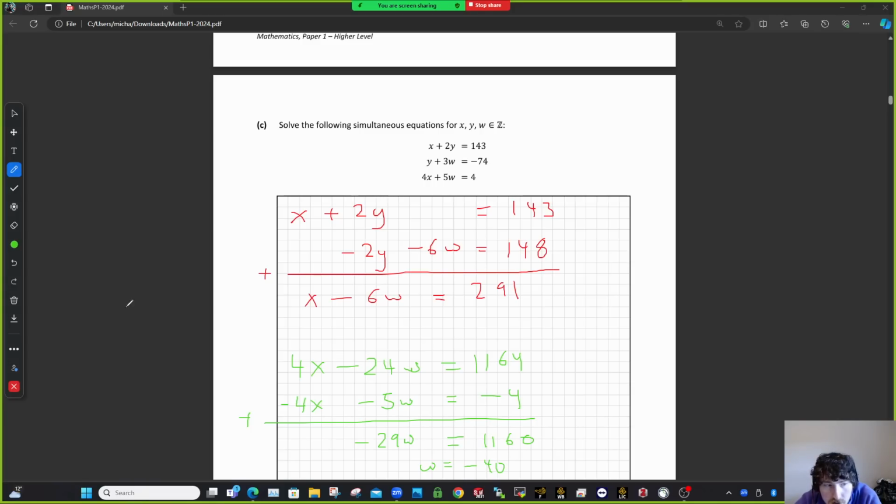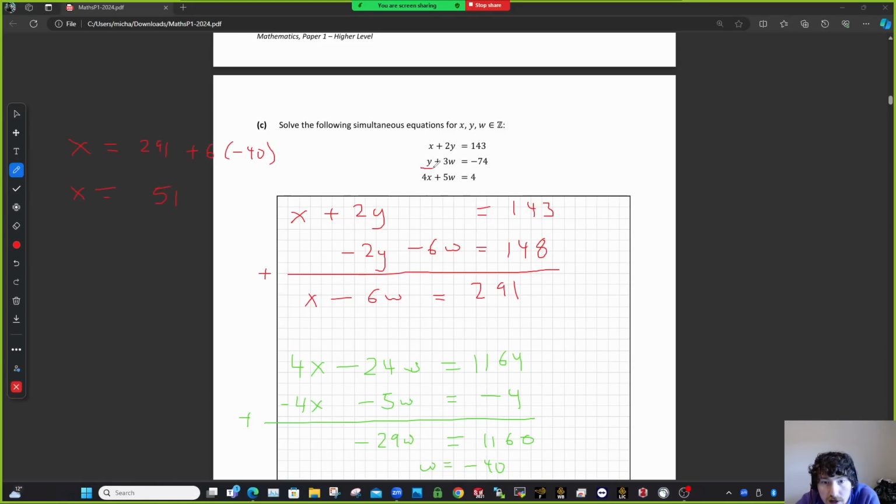Put your minus 40 in there. I'll bring it over as well. So it's equal to 291, and then it's plus 6w, and you put your minus 40 in there. And then x equals 51. And then you want to get a value for the missing one, which is y.